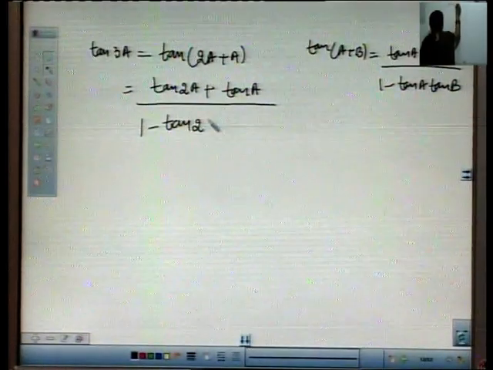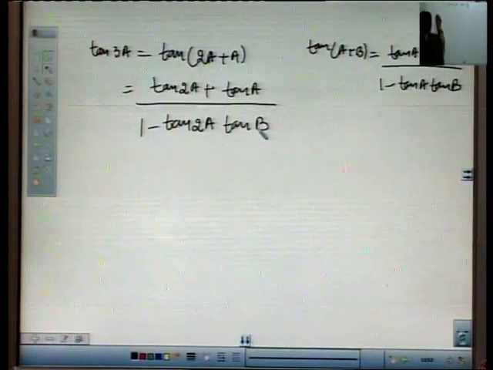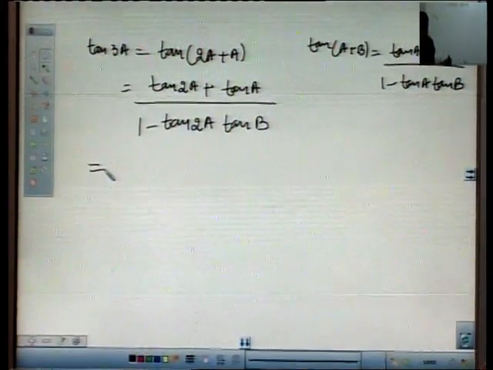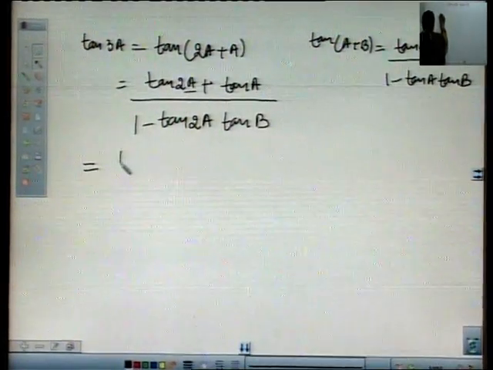Here is tangent 2A plus tangent A upon 1 minus tangent 2A and tangent A. Now we will put the formula of tan 2A.